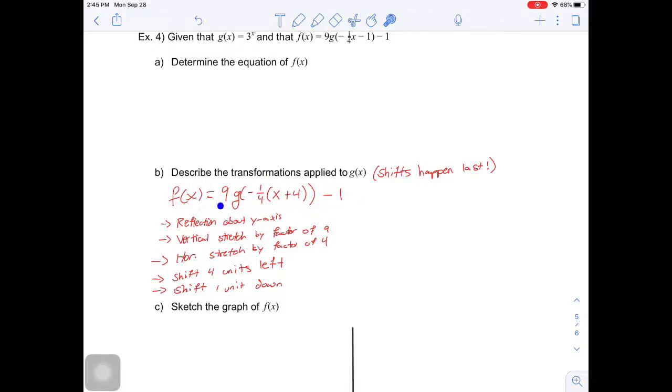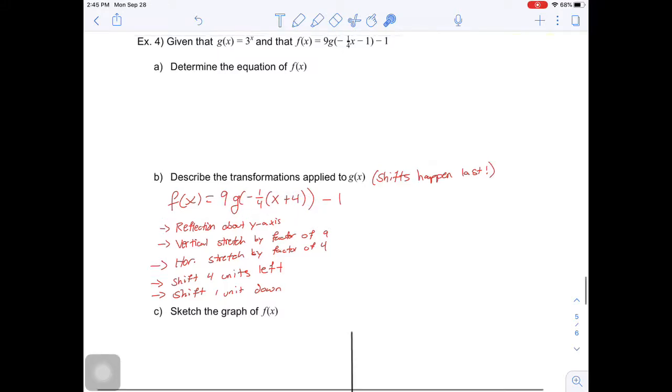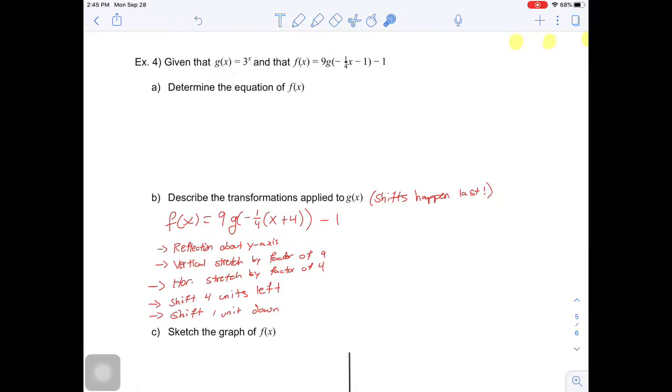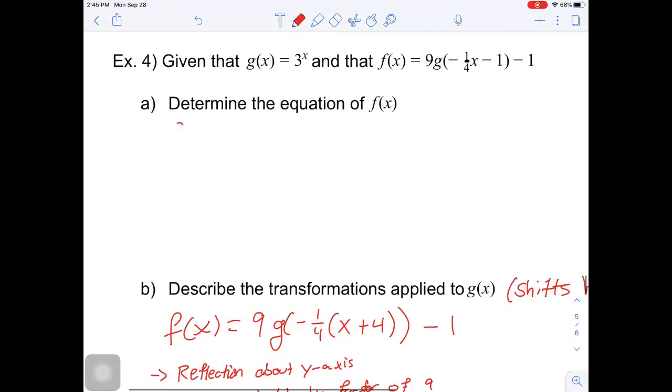This is a function. This is just saying whatever function f of x is, it equals g with all of these things applied to g. In this question, we're given what g is. So in our question, g of x equals 3 to the power of x. Now we actually have to find the equation of f of x.